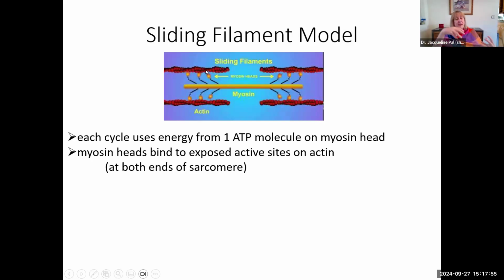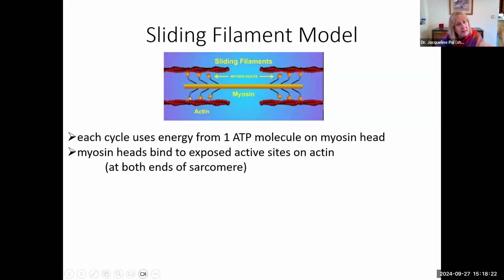We've already had the calcium come along and pull the tropomyosin off, so we have exposed active binding sites. And now the myosin head that's already been pre-primed with the ADP, and already has the potential energy in it, is going to bind and form a cross bridge to that exposed site. It's going to happen on both ends, so not only on this end, but also on the other end.